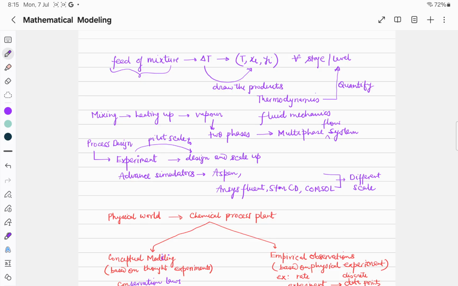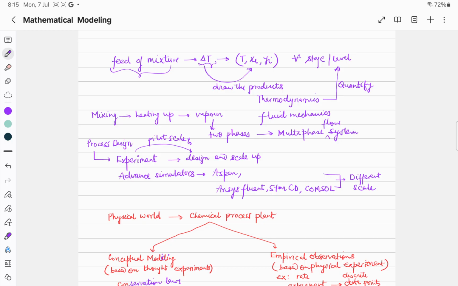You feed this mixture into the column, and because the mixture has components of different boiling points, you establish a temperature gradient along the distillation column, and based on that, at different stages of the column you draw the products.